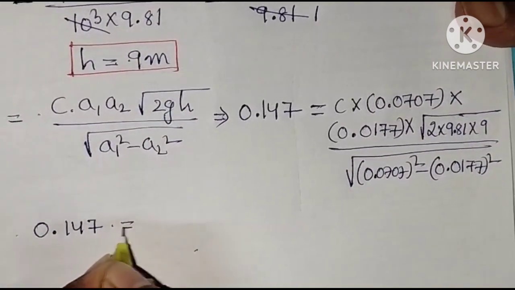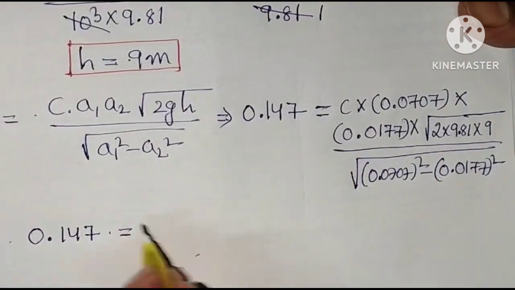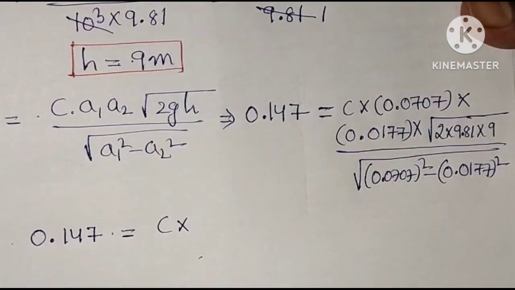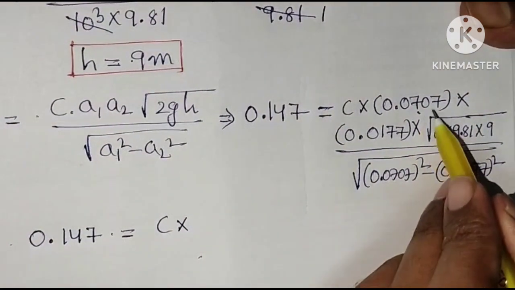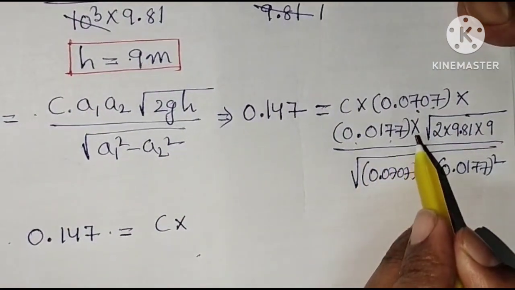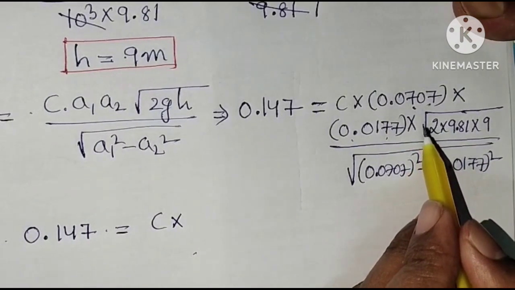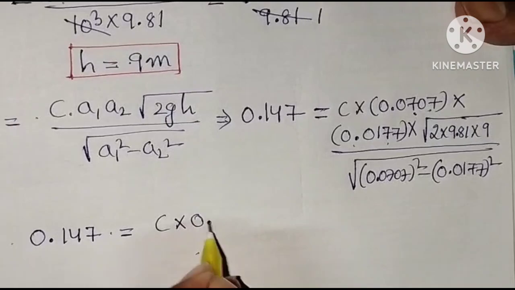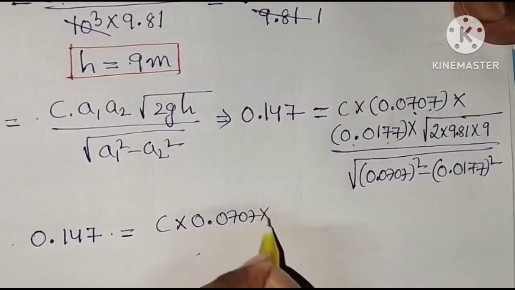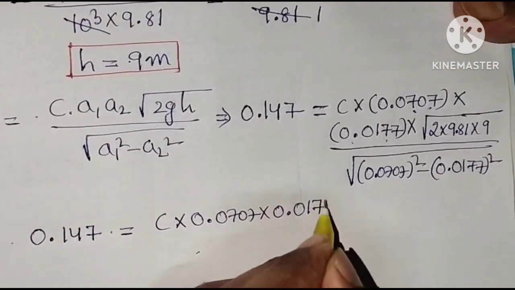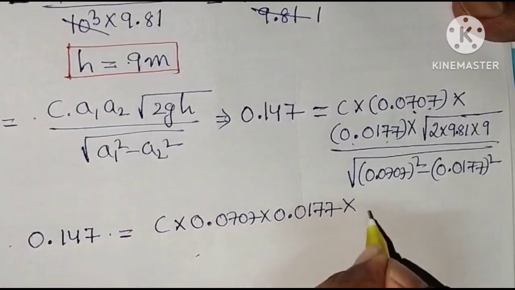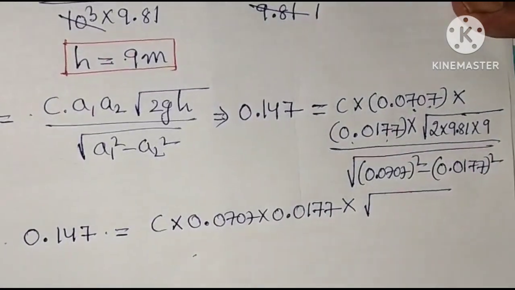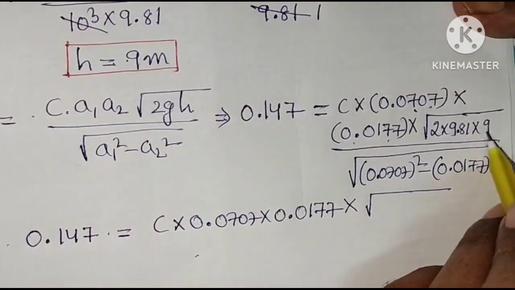0.147 is equal to C into 0.0707 into 0.0177 into root over 2 into 9.81 into 9.